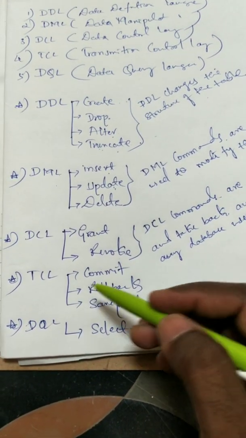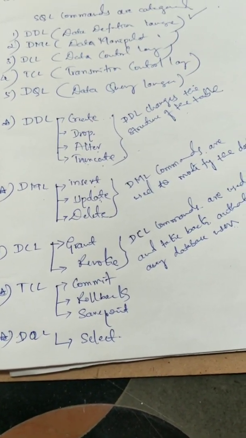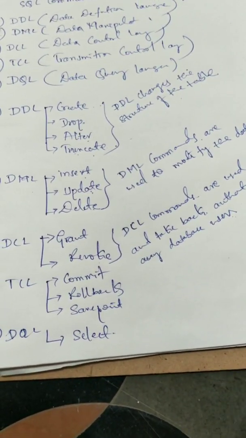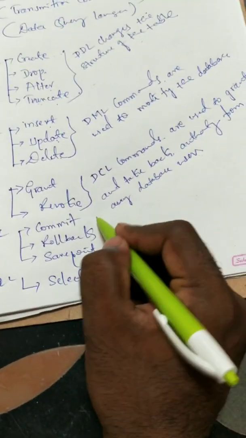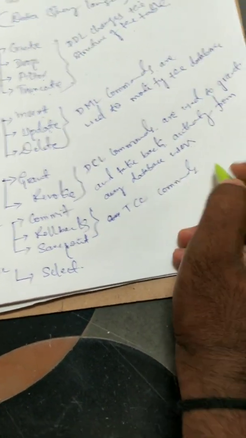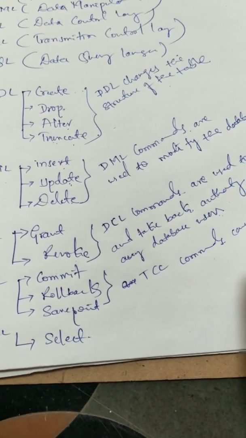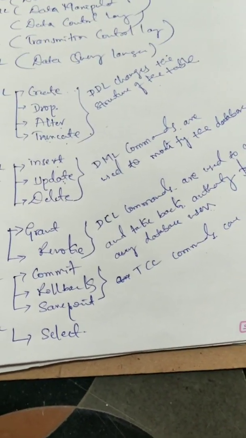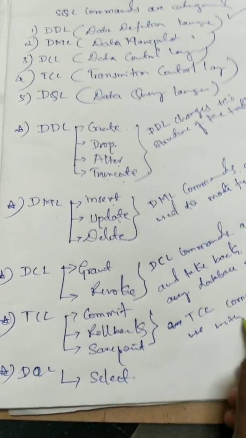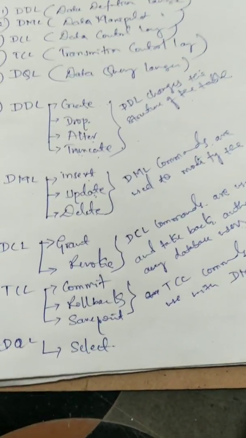And next we have TCL. TCL means transaction control language. Transaction control commands can only be used with DML commands, like insert, delete, and update.